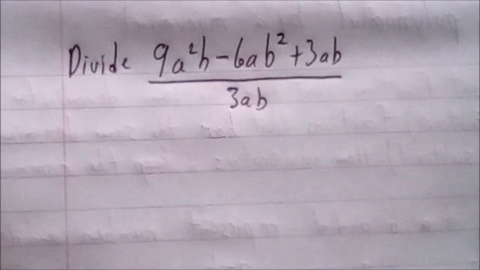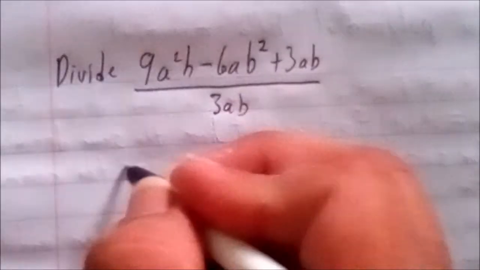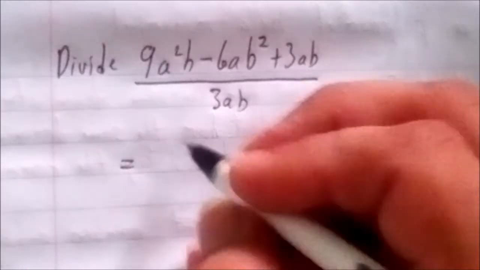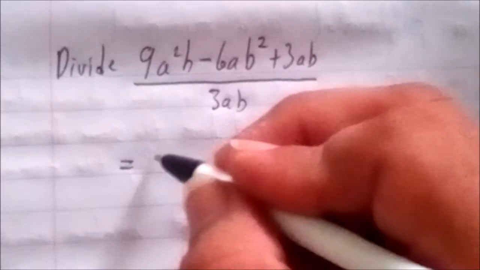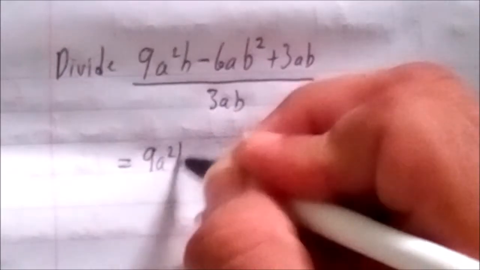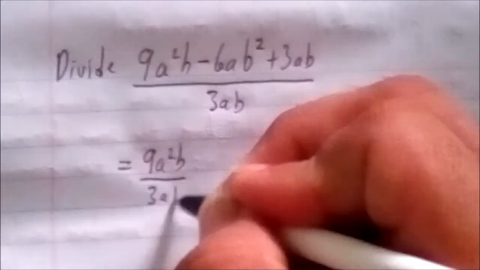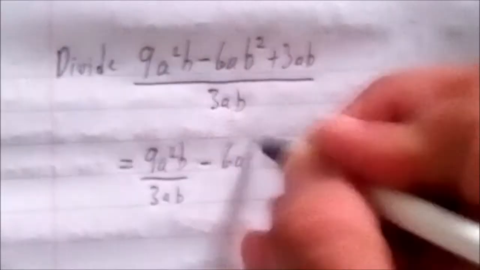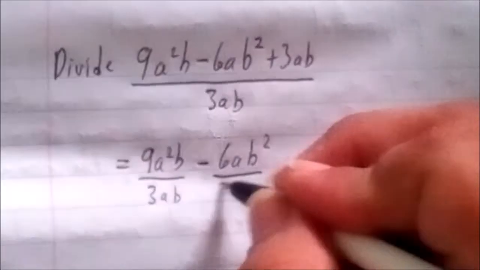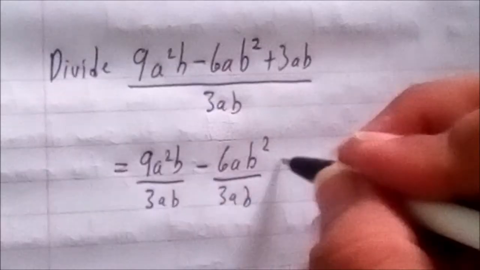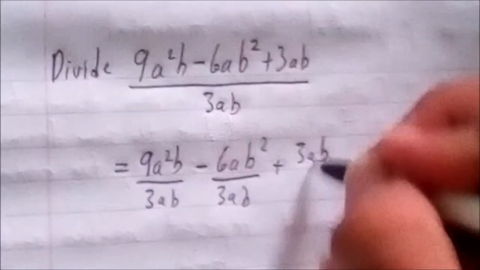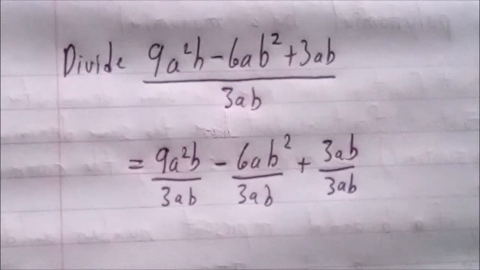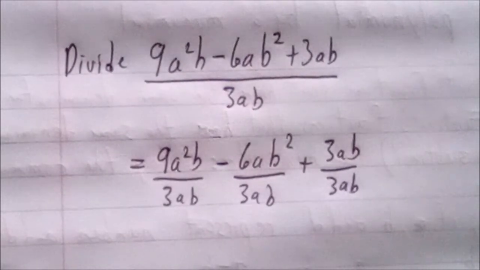So let's break it down: 9a squared b over 3ab, keep that sign, negative 6ab squared over 3ab, plus 3ab over 3ab.